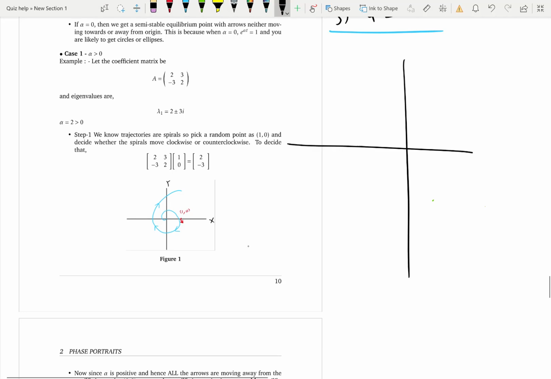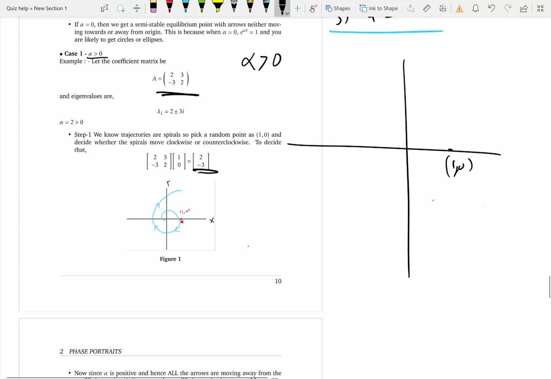What you want to do now is, when alpha is positive, remember that you get spirals as the shape of the trajectories. So you want to know whether they are clockwise or counterclockwise. Well, for sure you know alpha positive means arrows are moving away from the origin. You just need to know whether it's a clockwise or counterclockwise spiral. So you pick the point 1 0 again. Multiply it by A, and it gives me 2 negative 3.